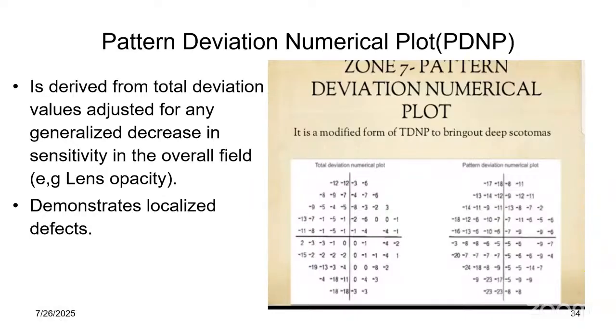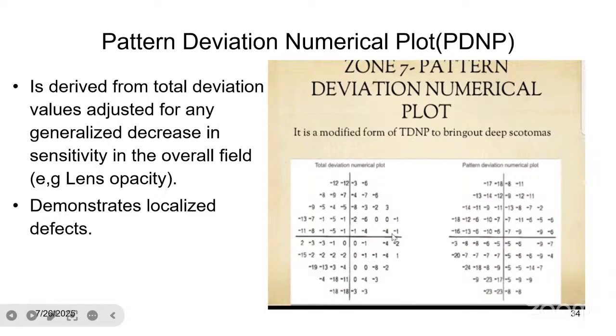You arrange it like that, and then the 7th best deviation value will now be subtracted from the patient's total deviation numerical plot. So for example, -5 was the 7th best value that was picked, and as you can see, -5 minus 12 will give you -17, and so on.